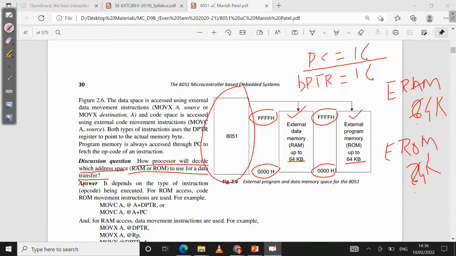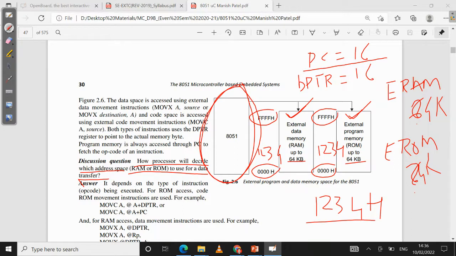Okay, suppose एक एड्रेस मैंने लिखा 1234H. तो आपका जो माइक्रो कंट्रोलर है 8051, उसको कैसा पता चलेगा कि 1234 इज ऑफ द एक्सटर्नल रैम या फिर 1234 इज ऑफ द एक्सटर्नल रोम, क्योंकि 1234 यहाँ पे भी प्रेजेंट है और 1234 यहाँ पे भी प्रेजेंट है.